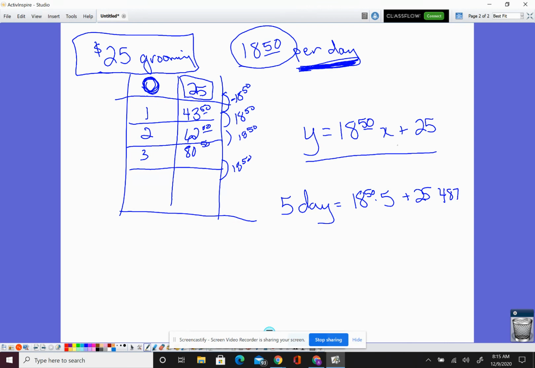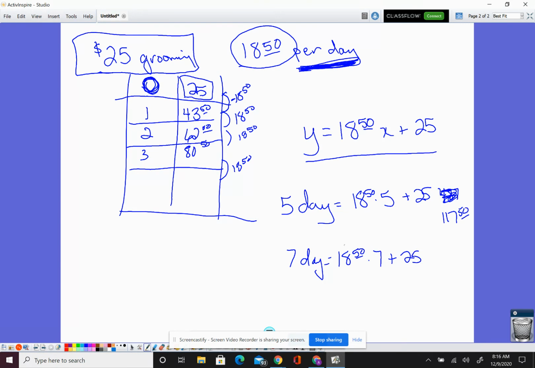That's not right. I put the wrong number in. $18.50 times 5 plus 25. How about $117.50? That was an awful expensive stay. What about for 7 days? We would do $18.50 times 7 plus 25.